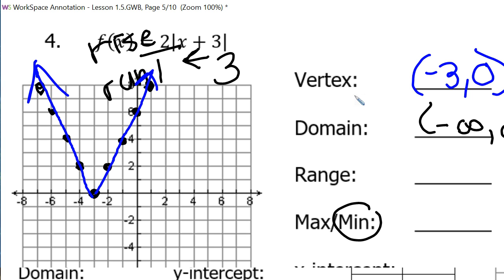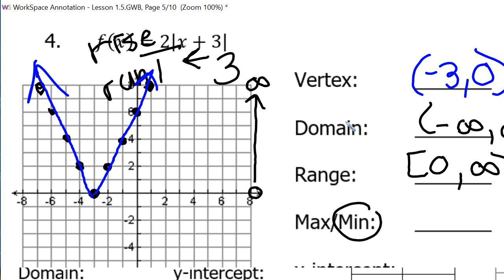The y value. And at the very bottom, what's the y value? 0, and it goes all the way up to infinity. So it's going to be 0, comma, infinity.